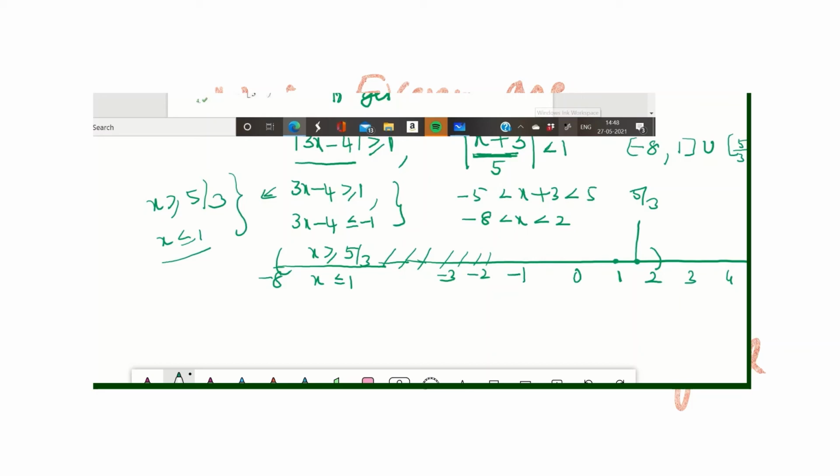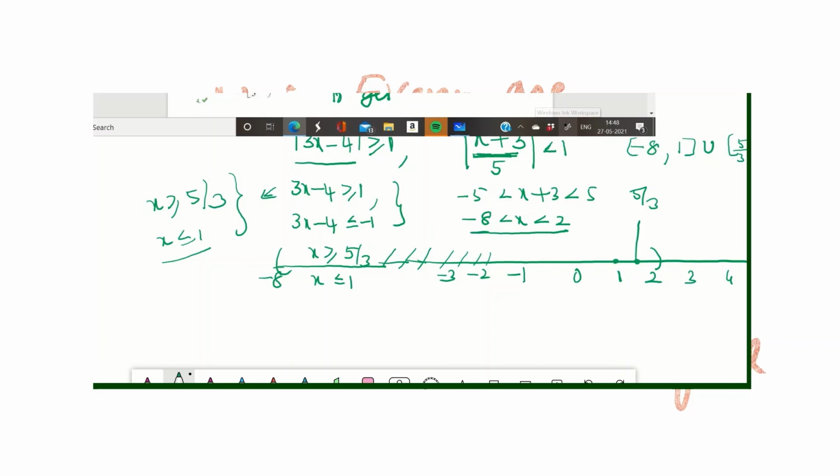Now if I solve the second, minus 5 less than (x plus 3) less than 5 by cross multiplying, and adding minus 3, minus 8 less than x less than 2. So this is the second domain of x. These are the set of values of A and these are the set of values of B.